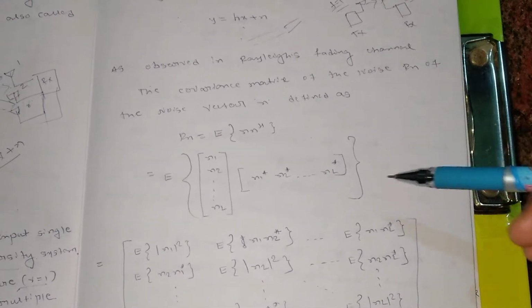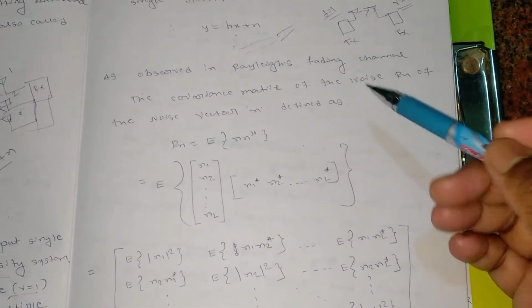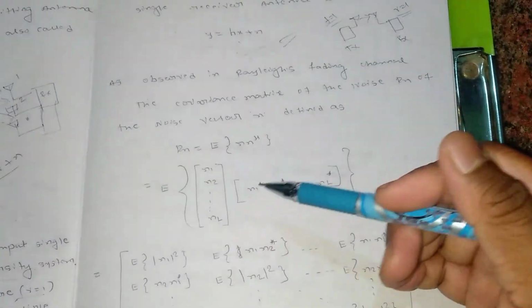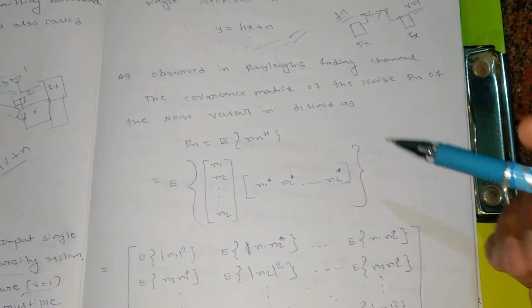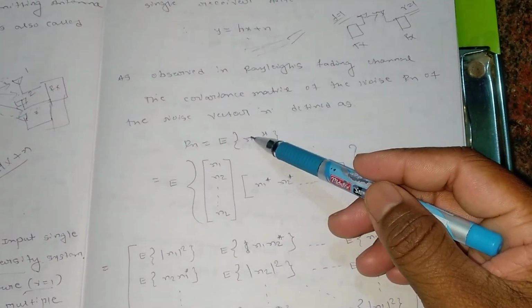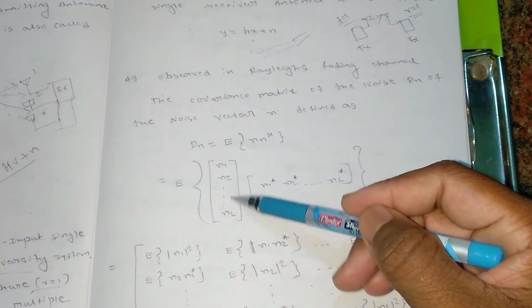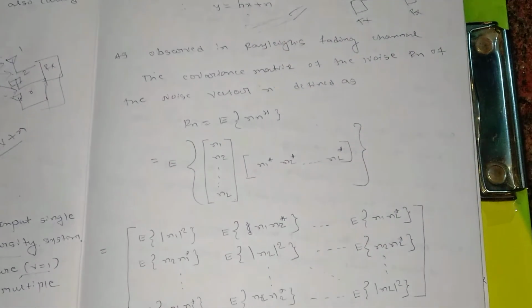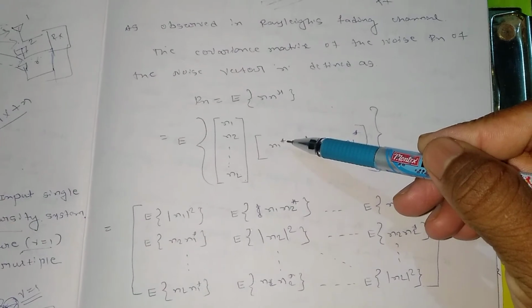So this is the overall derivation which we can work. I will just explain quickly now. So the covariance matrix for the received noise vector, the additive white Gaussian noise I'm talking about, will be the expectation of n into n Hermitian. This is a noise matrix n1, n2 up to nL components, and Hermitian means I will be taking the complex conjugate transpose of that one, so I will be denoting it with a star here.